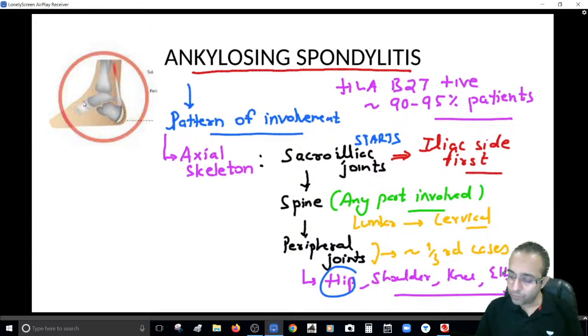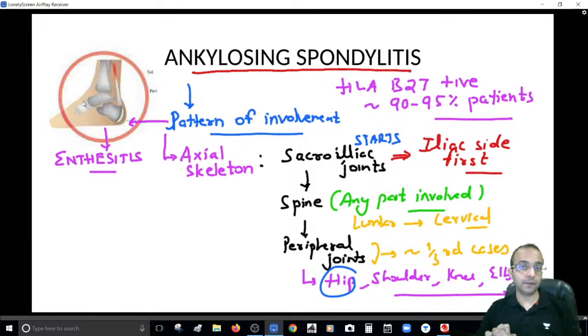The second thing you need to know is that this is a disease where classically you also tend to find enthesitis. Classical in patients, enthesitis. So what is enthesitis? I'll tell you.